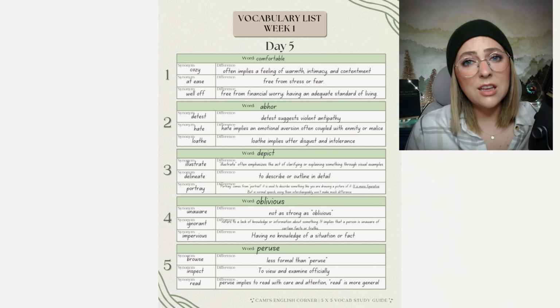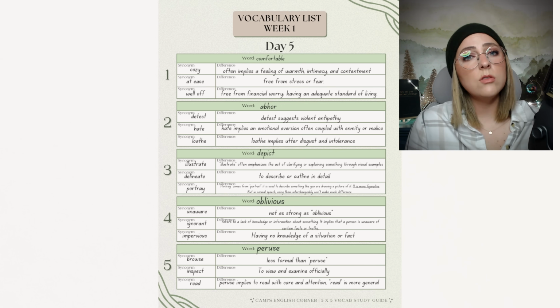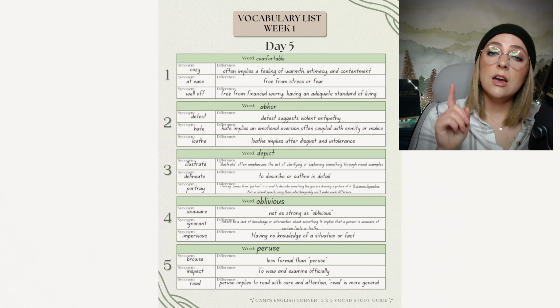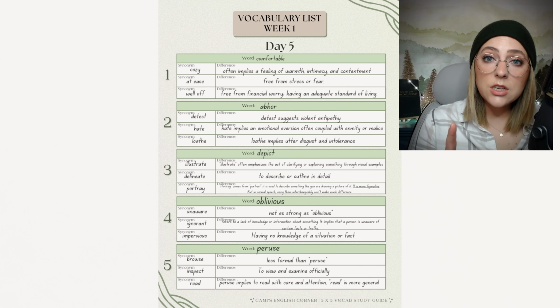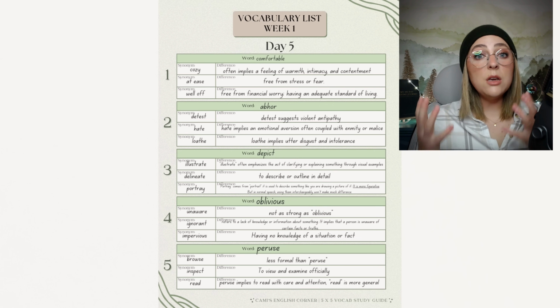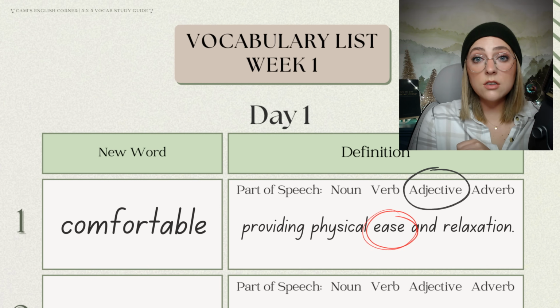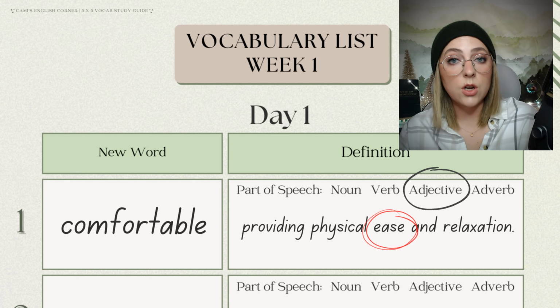So you might be thinking, Cami, I only studied 5 words this week. That's not very impressive. However, you actually got to learn so many more words. Maybe on day 1, when you were writing down the definitions, there were some words in the definitions that you didn't know.